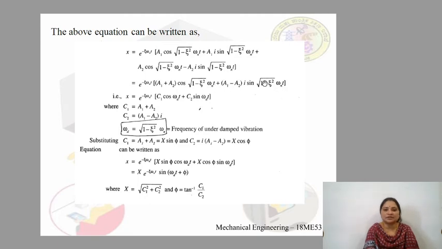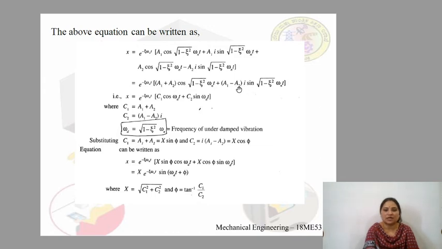This equation we can further simplify, wherein we can consider square root of 1 minus zeta square omega n as omega d, and the term a1 plus a2 can be written as c1 and a1 minus a2 i can be written as c2.